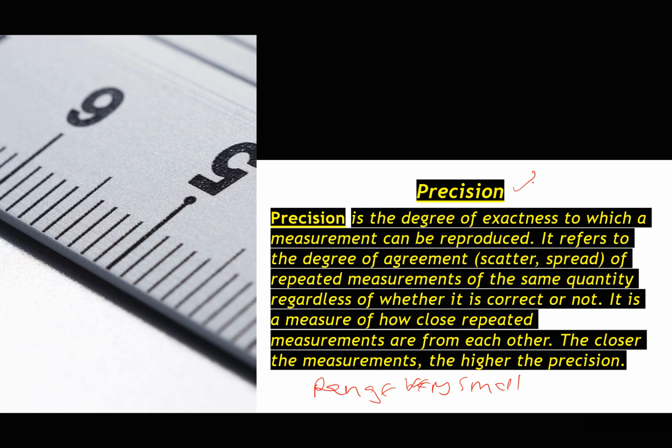If a measured value is reproduced, it means every time I repeat the measurement, I get almost the same measurement. Therefore, the range between the first attempt and the second attempt is approximately zero or very small. Therefore, we can say measurements are extremely precise.